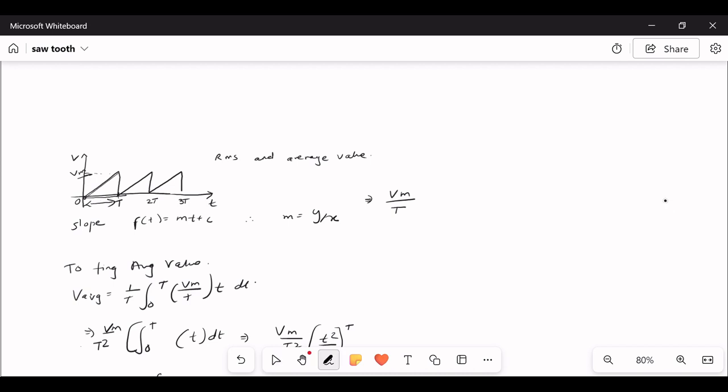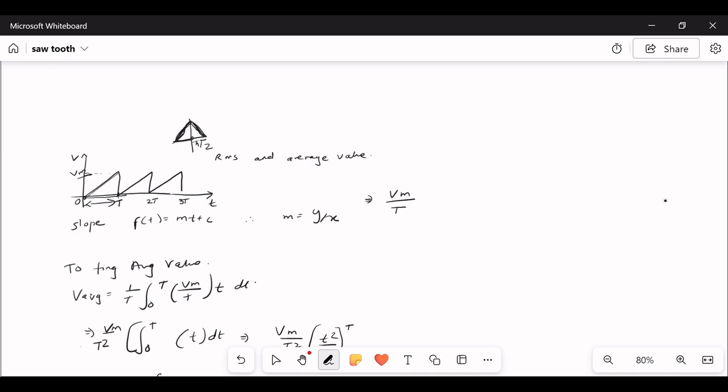For a triangular waveform, we try to find the slope of this triangle. If there is a triangle starting from 0 to pi by 2 or T by 2, we take the slope of the first half, which is a rising slope, and for the second half there is another slope, which is a falling slope.